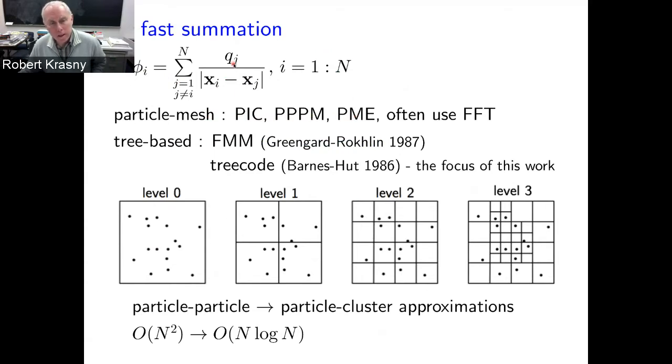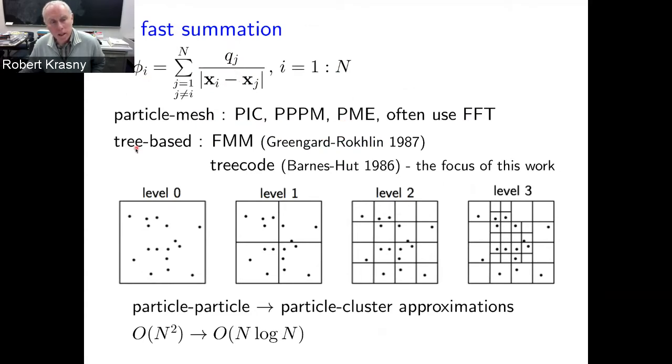These methods more or less think of projecting the charge density here, which is at some points xj, onto a regular mesh, and then often use an FFT to do the calculation.